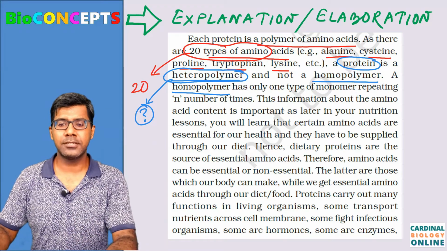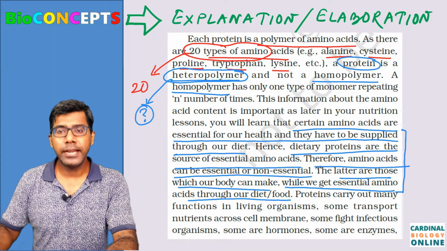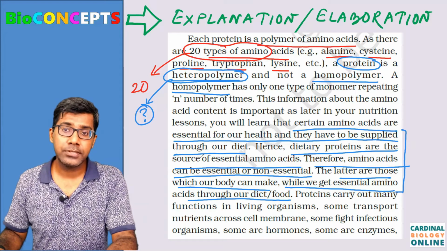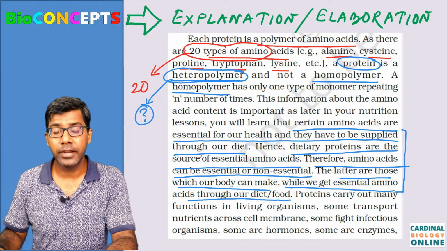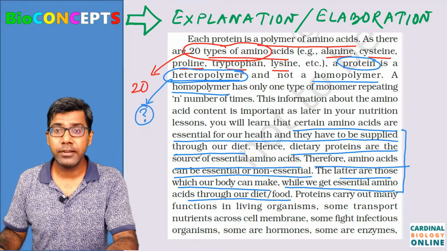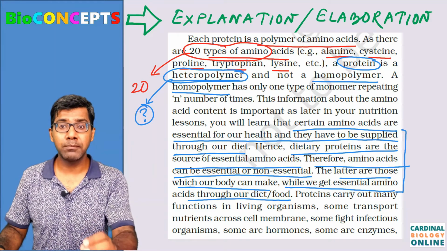Now, if I am moving forward in this area, the writer in a very short manner explains what an essential amino acid is, what a non-essential amino acid is, and what their source is. But it appears that the information provided by the writer is not enough to make someone understand or to answer someone's query.